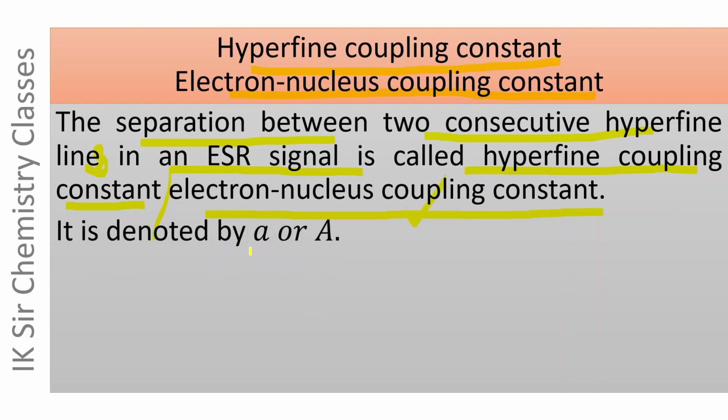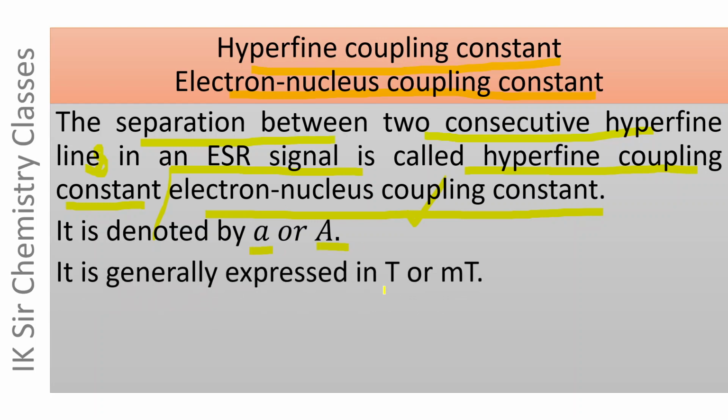It is denoted by a small a or capital A. It is generally expressed in Tesla or millitesla. Please note that 1 millitesla is equal to 10 to the power minus 3 Tesla.